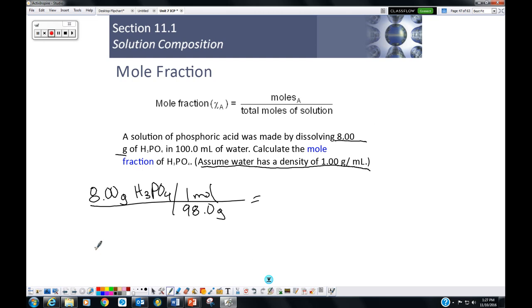All right, but we also need to find the mole fraction of water too, don't we? So how many grams of water do we have? We have 100 mils, so 100 mils of water is equal to 100 grams. Formula mass of water is 33.